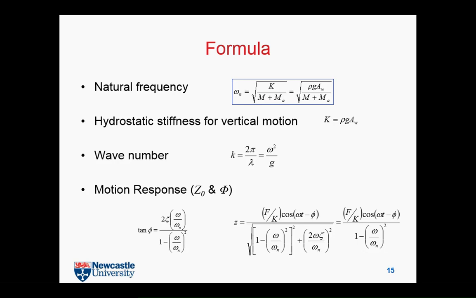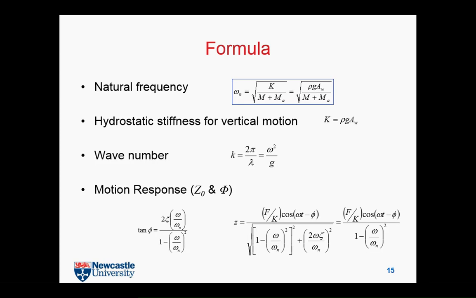So if focused on the structure, we can define natural frequency for your structure. We need a capital K, we need the real mass, we need your added mass. And for the stiffness, we have another definition to define, that is rho g and the cross-sectional area at the waterline surface. And from the table, you can see the expression for the motion induced by wave.